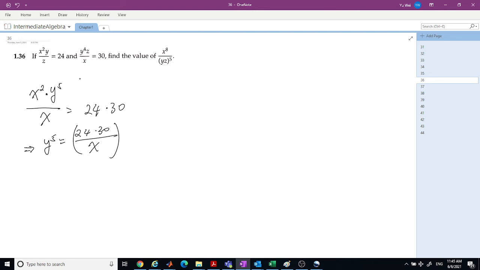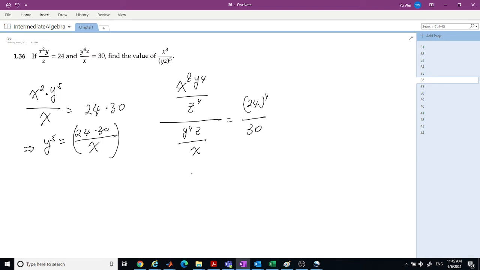Now let's see how we can get z to the 5. Okay, so we want to cancel the y, right? So you can see if we take 4 times the first, it is x to the 8, y to the 4th, and z to the 4th. Okay, then divided by y to the 4th z over x, right? Then it will equal 24 to the 4 over 30.